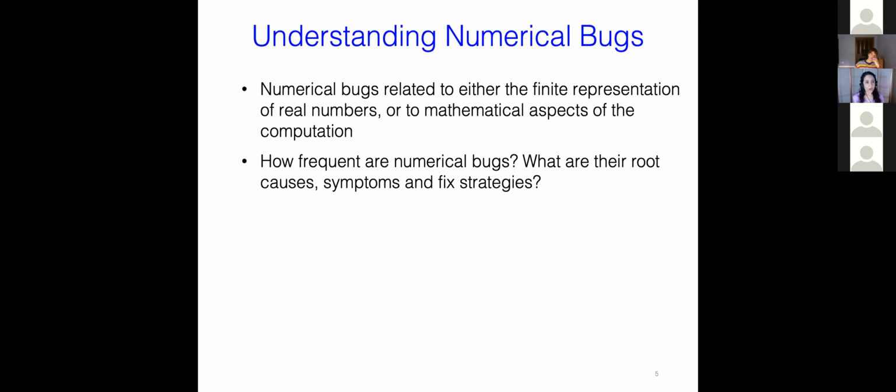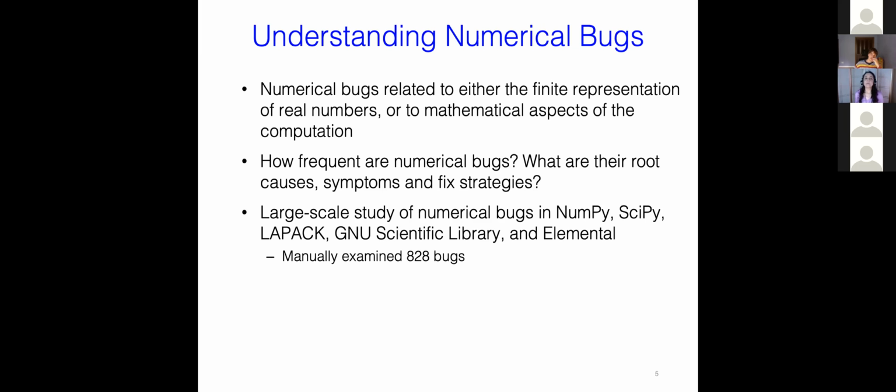So with the goal of answering these questions, we conducted the first large-scale study of numerical bugs in 5 popular libraries. We manually examined over 800 bugs with the goal to provide a high-level characterization of these bugs to guide researchers in developing tools for finding and fixing these bugs.